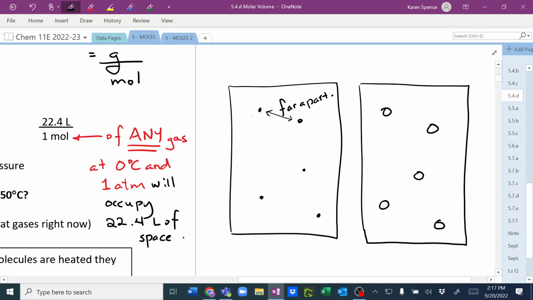However, gases are really far apart. And you can think of all attractive forces as getting smaller the further the distance. So gravitational force. If you were up on the space station and you jumped out into space, would you fall to Earth? No, because the attraction is not great enough to overcome your movement around the Earth.